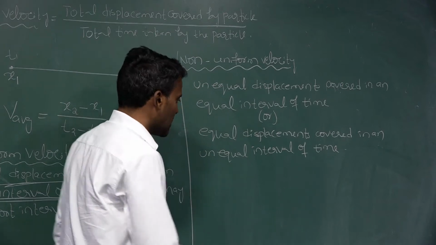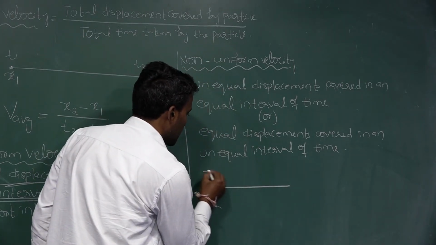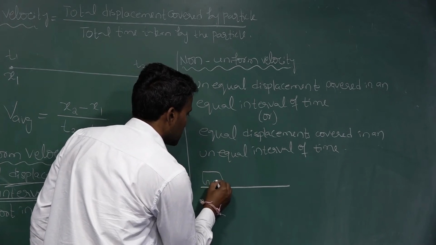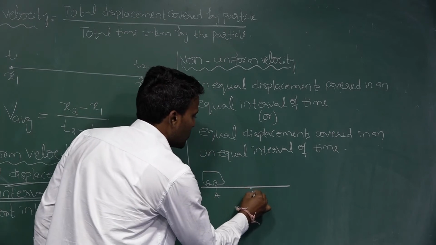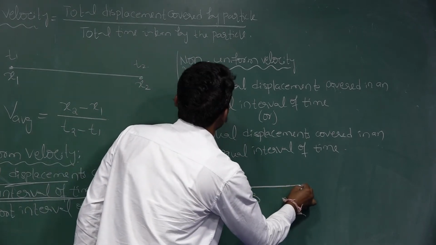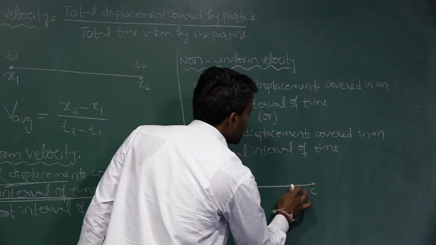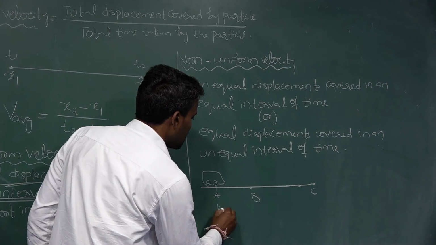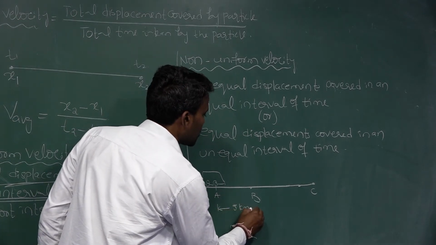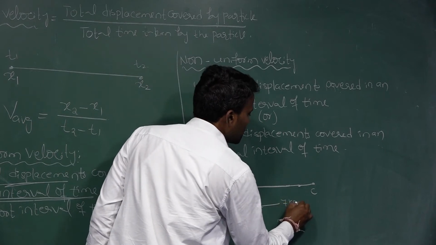I am taking an example of non-uniform velocity. See here, again one vehicle goes from point A to point B, then point B to C. A to B displacement is 5 kilometers, and B to C displacement is 7 kilometers.